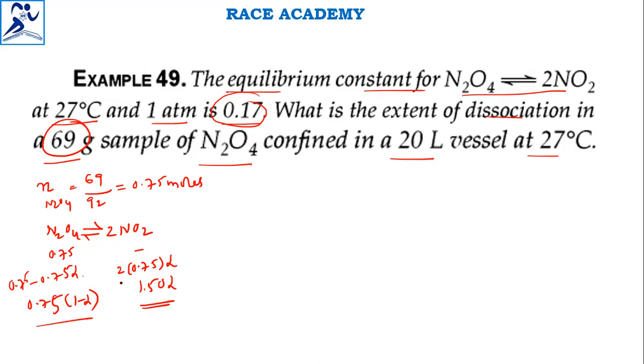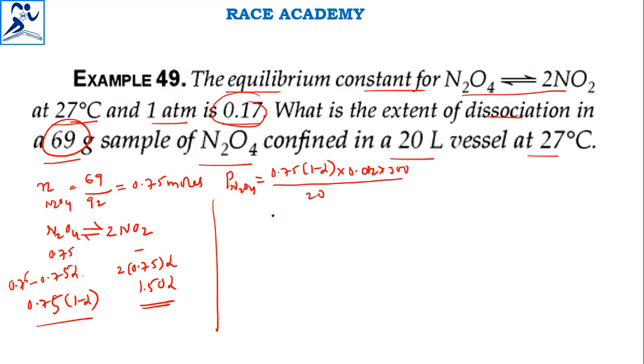So if you take the pressure, temperature and all the conditions, we can find the partial pressure of N2O4 using PV equal to nRT. The number of moles of N2O4 is 0.75 into 1 minus alpha, R value 0.082, and temperature 27 degrees, meaning 300 Kelvin, divided by volume 20 liters given in the question.